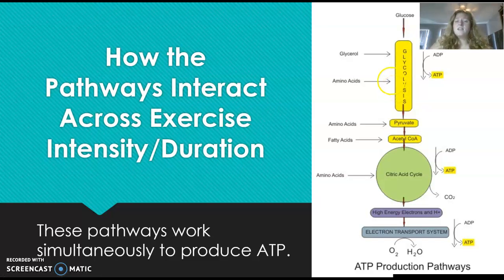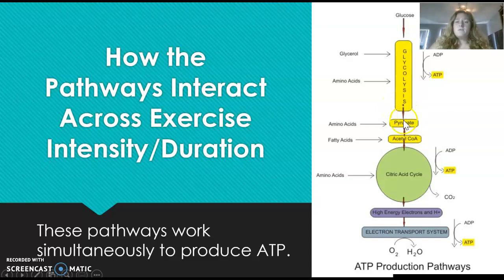So glycerol, right here, starts in the glycolysis process and turns into pyruvate. During glucose and fat, they both start in glycolysis, where glycerol goes into glycolysis to become pyruvate.